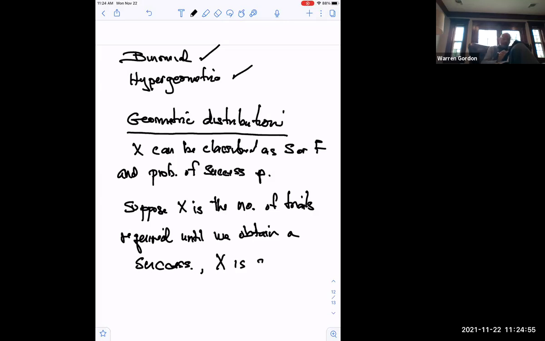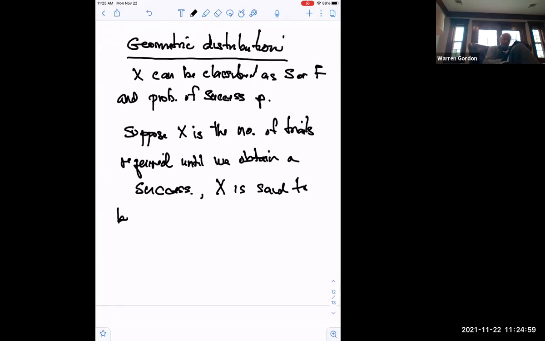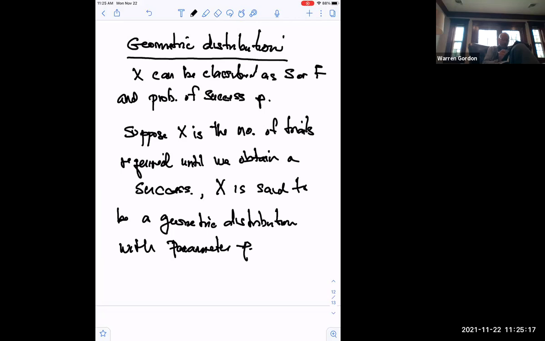X is said to be a geometric distribution with parameter P. Okay, so again, what is X?